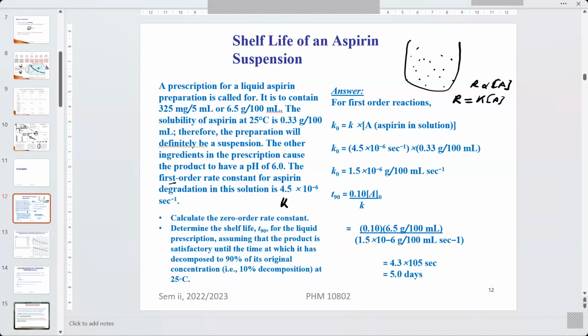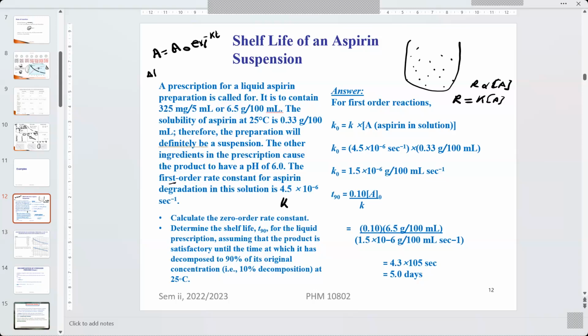So if I want to calculate, for example, you have the equation A equals A0 multiplied by exponent of negative K t, right?